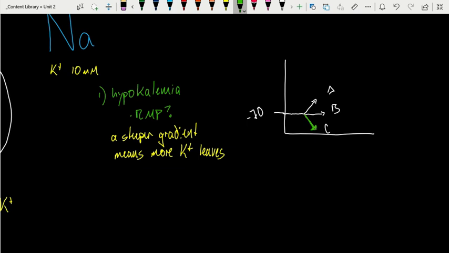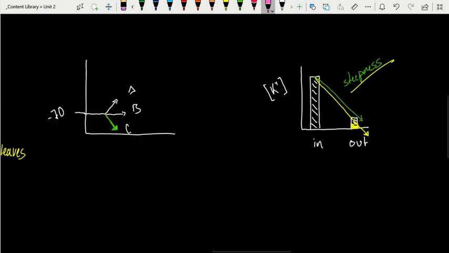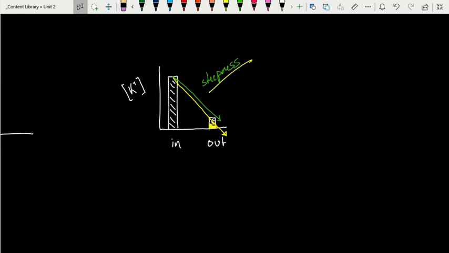Now, if that's the case, then we should be able to make the argument that for hyperkalemia, we should see the opposite. So let's go back and let's graph it out. For hyperkalemia, that means we have more potassium on the outside. Let's go ahead and graph that. Let's say we have that much potassium.